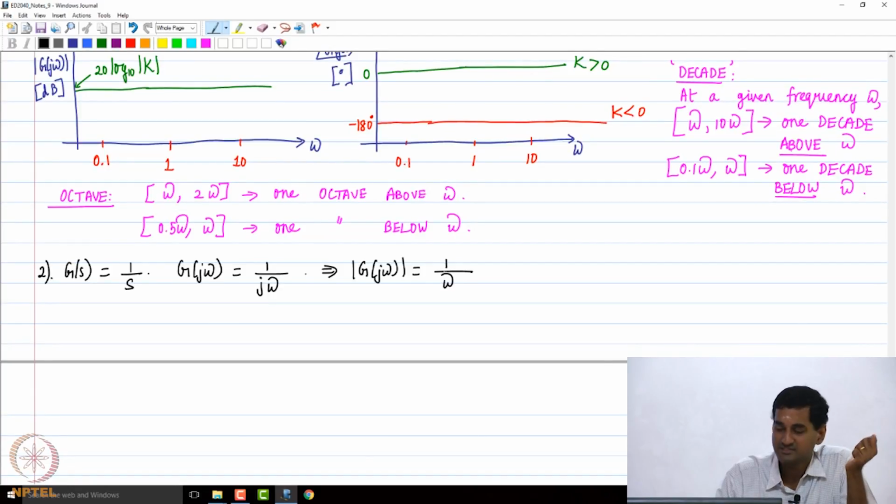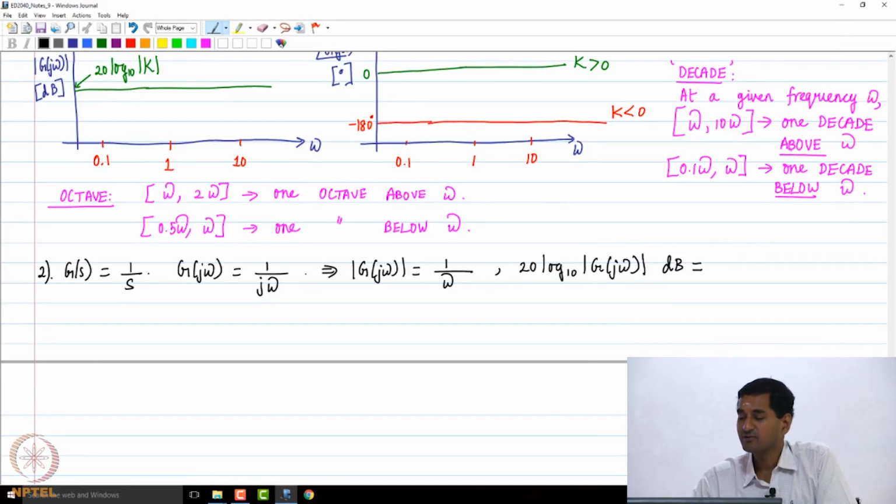Omega, that's it. So this implies that 20 log to the base 10 of the magnitude of g of j omega in decibels is going to be 20 log to the base 10 of 1 by omega. What is log of 1 by omega to the base 10? It is minus log omega, right? So we are going to get minus 20 log to the base 10 omega.